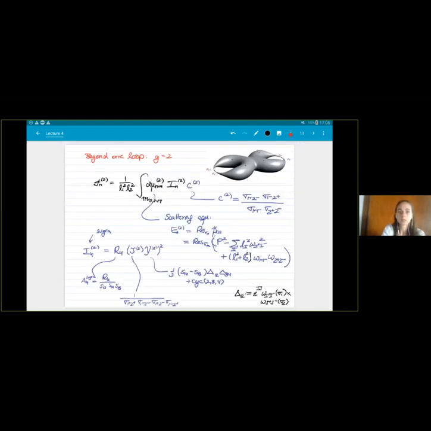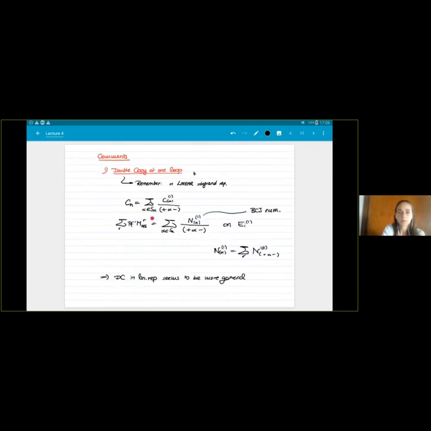First, take the BCJ numerators and put them into a linear representation, which is straightforward by the procedure we discussed, of how to go from a standard Feynman propagator to the linear representation.